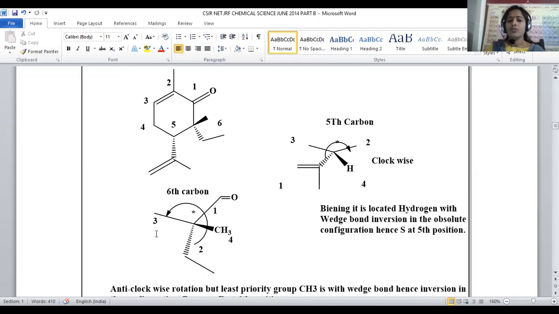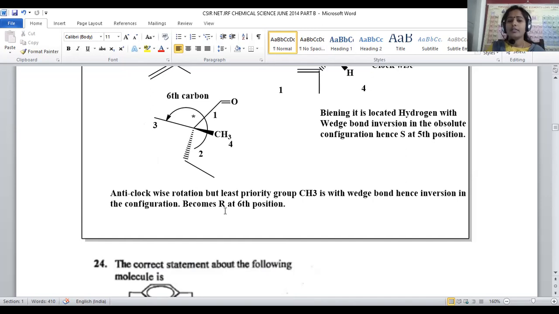So here 1, 2, 3, we are moving in which rotation? Anti-clockwise rotation. Anti-clockwise rotation actually gives S configuration, but being the fourth priority towards the viewer, we have to entirely invert the absolute configuration. So now S can be converted into R.